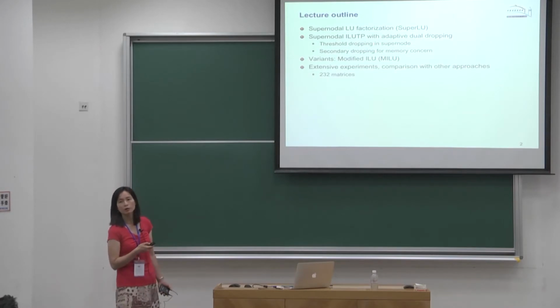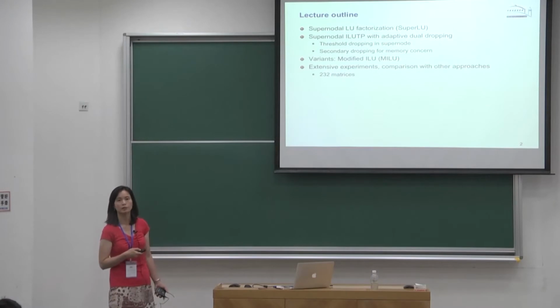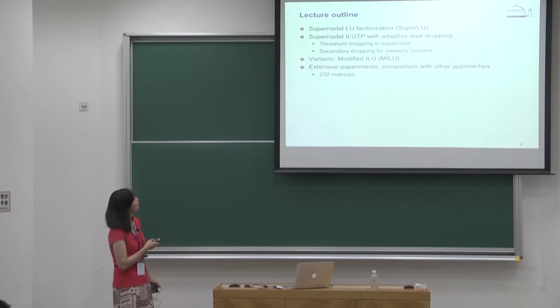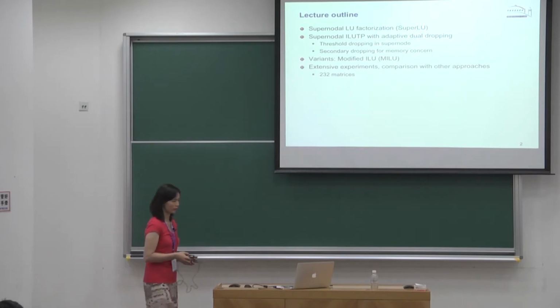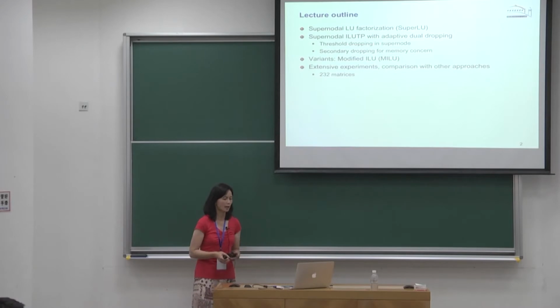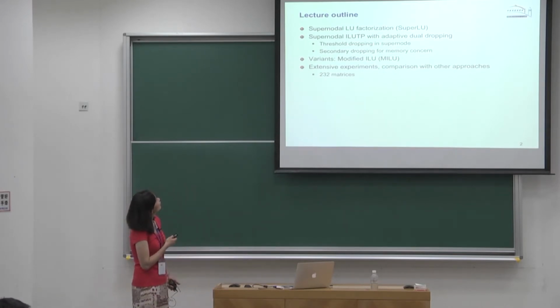So now if you download the latest version of SuperLU, it will have this incomplete factorization as a preconditioner. And then we use supernodes, a version slightly more advanced than the previous version that Yousef Saad has been advocating for many years. And also there are some different variants I'll show you.